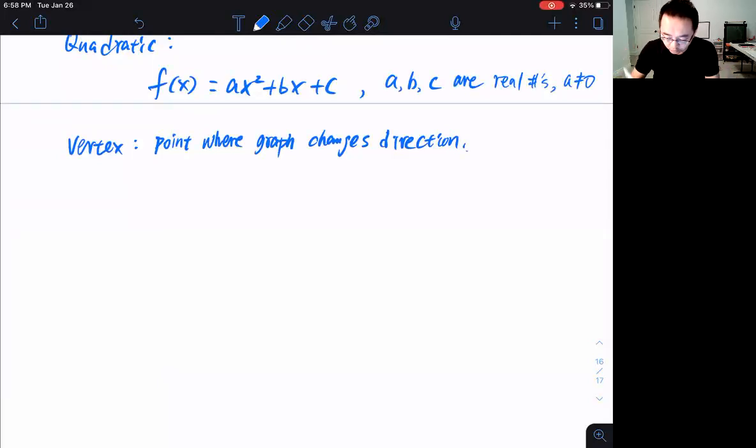So if you draw something like this, there's going to be a line that can become the axis where you have a mirror image on each side of this line. And this line we call the axis of symmetry.